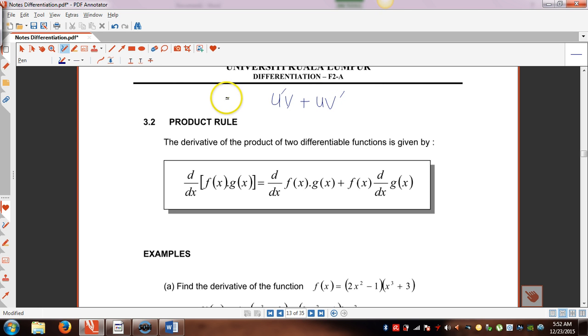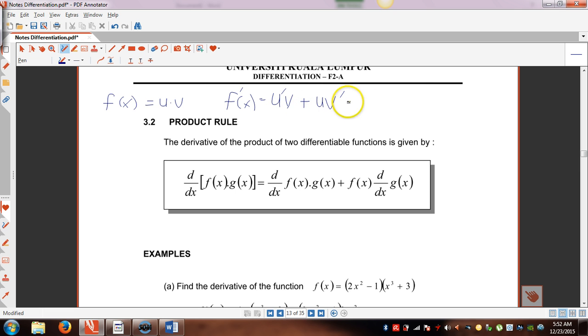Okay, so actually this is the function of f prime x. If we have f(x) equal to u times v, so u is a function, v is a function, then f prime x equals u prime v plus u v prime.